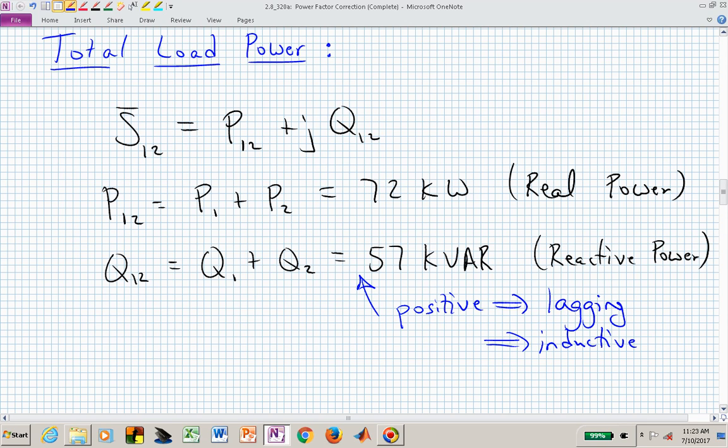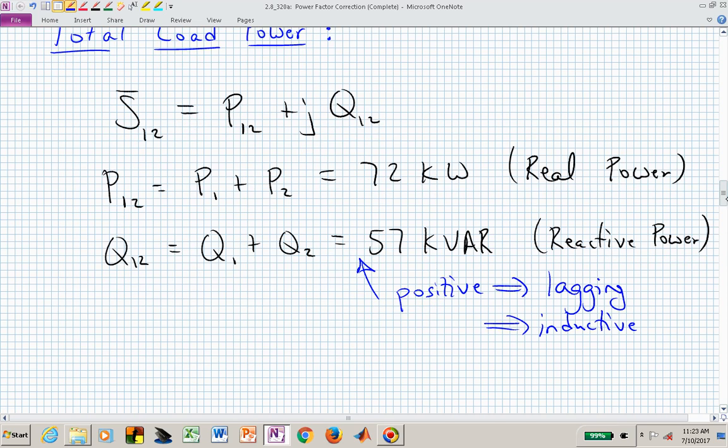From P12 and Q12 we have the complex power, but we can also find the absolute value of that to find the apparent power of those two loads combined. That's just going to be the hypotenuse of this right triangle formed from the real power, or the horizontal power, and the reactive power, Q sub 1,2.